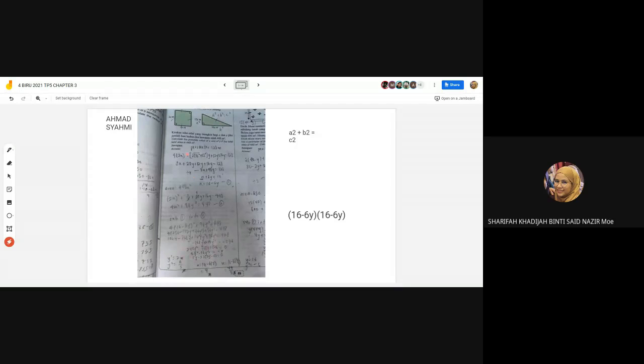Alright. So here what is important in application of system of equation is, when you read the case, you can come out with their equation. Baca betul-betul dia nak apa.